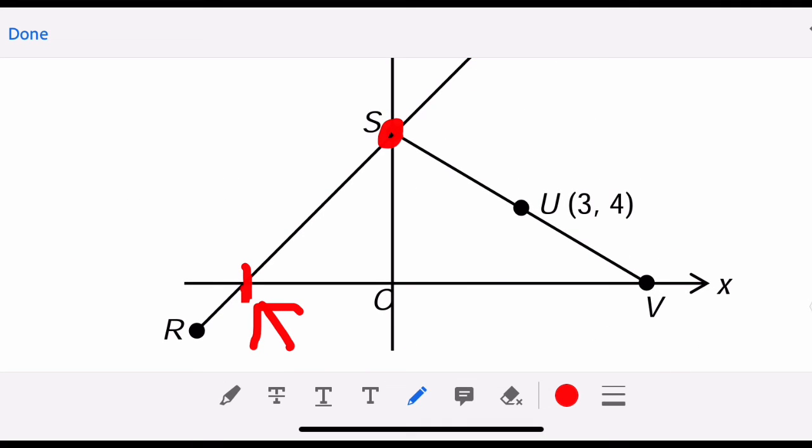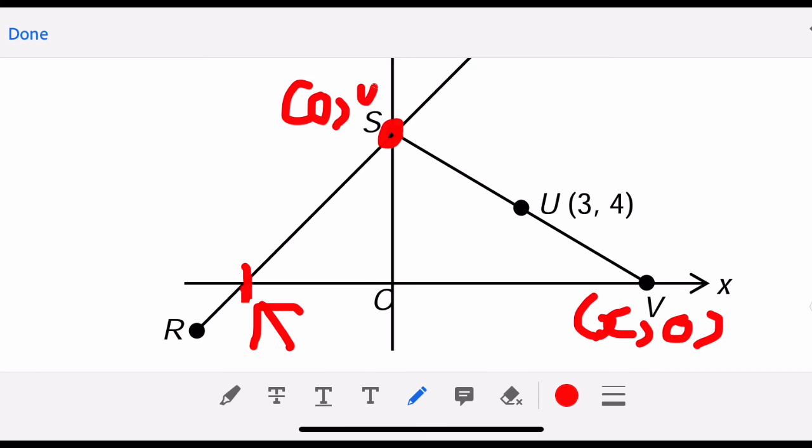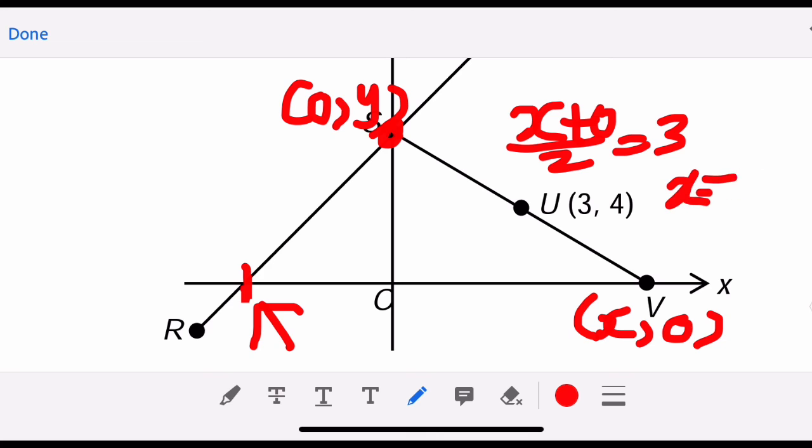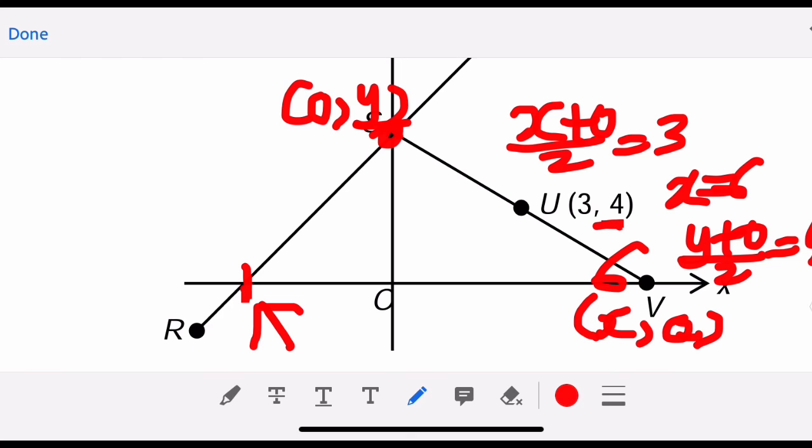Okay. So let's say this is x, 0. This is 0, y. So that means x plus 0 divided by 2 is 3. So x is 6. And then y plus 0 divided by 2 is 4. That means y is equal to 8.